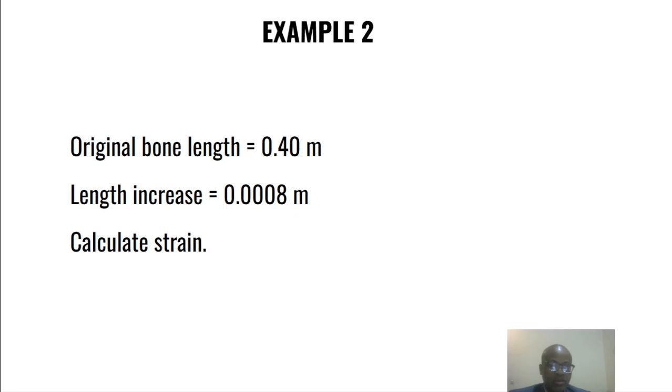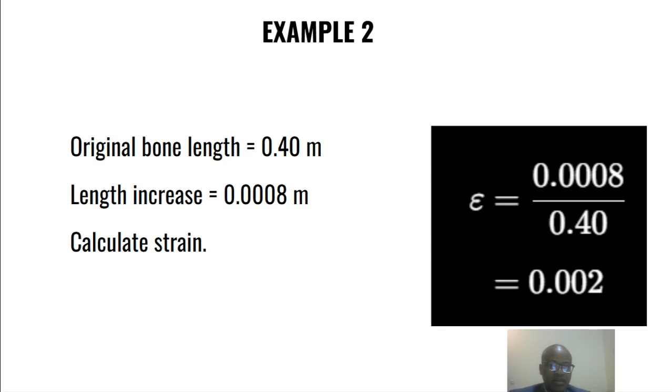All right, so let's see the answer. I know you would have gotten the answer correctly if you have been following the lesson. And that is the strain of the material. The original length, you can see there, and the length increase.